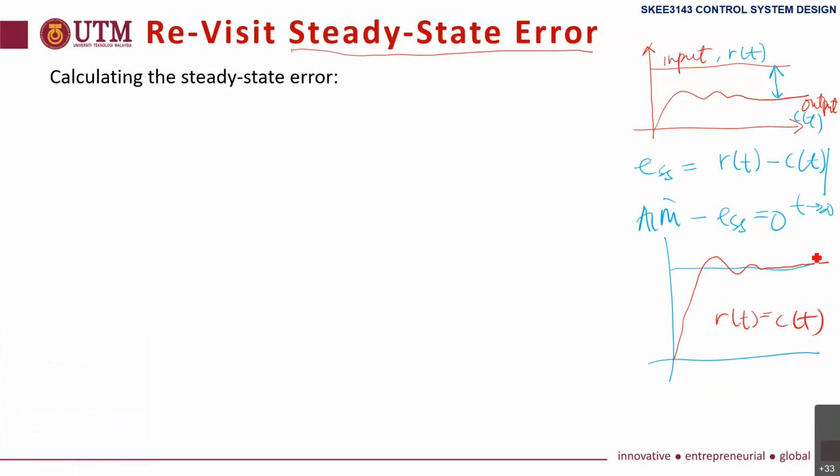That is our ultimate aim. For example, if I want a robot to move to 2 meters, and the robot is good, it can move to the desired position, 2 meters. That means error 0. If we want 2 meters, but it goes to 3 meters, then there is 1 meter error. That is not good.